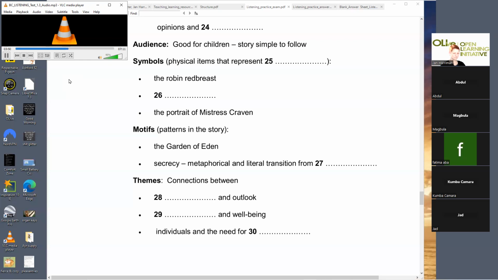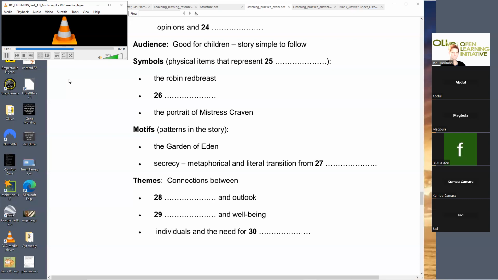Absolutely, yes. And the author uses many of them. There's the robin redbreast, for example, which symbolizes the wise and gentle nature that Mary will soon adopt. Note that the robin is described as not at all like the birds in India. Roses are used as well, as a personal symbol for Mistress Craven.